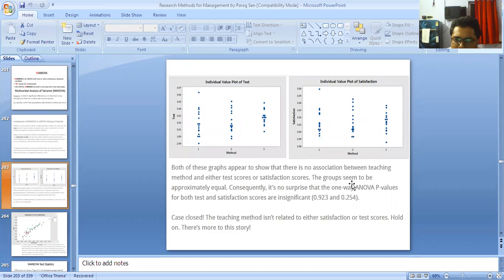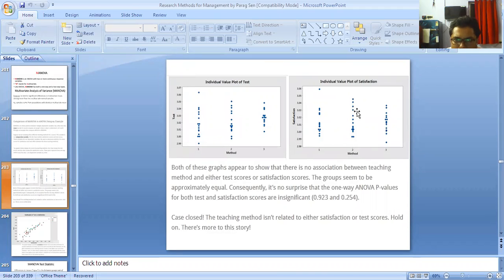You cannot see any pattern from which you can conclude that one particular teaching method is effective for the satisfaction of the students. You are not observing that kind of thing.